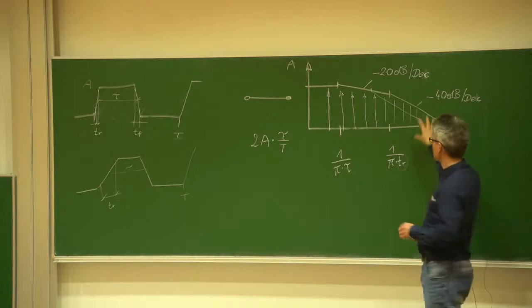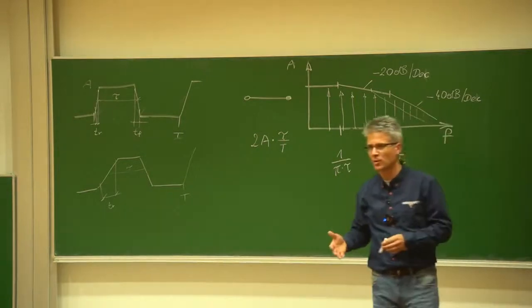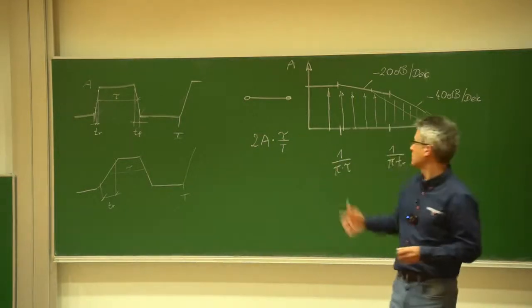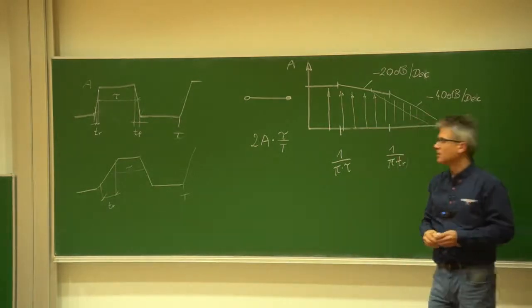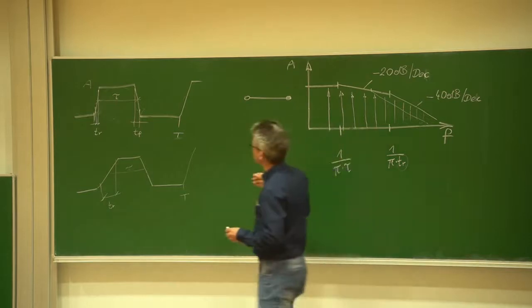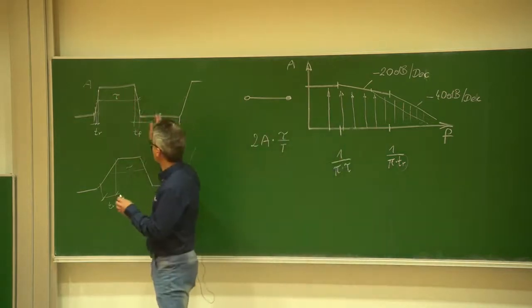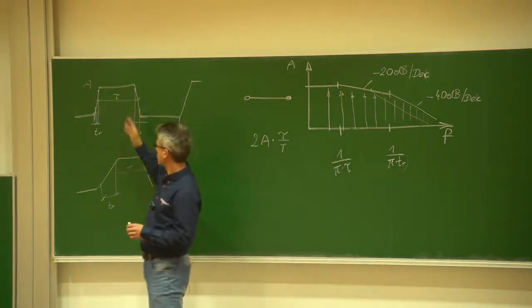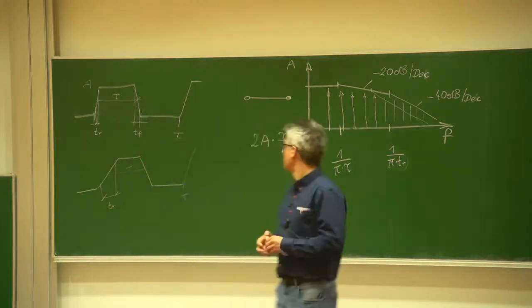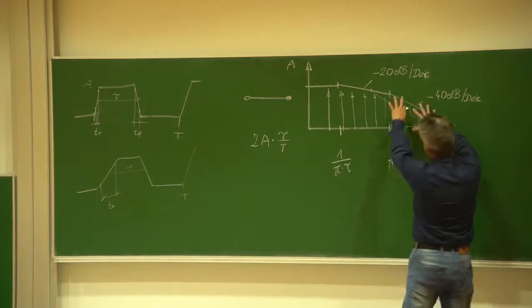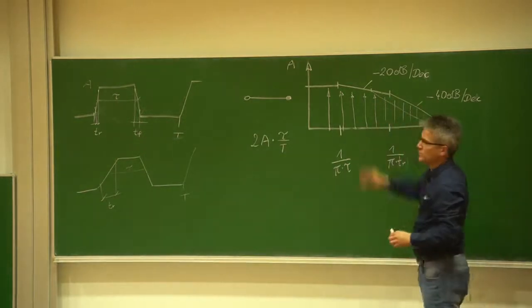So this is very important, because if you have some electromagnetic emission problems at, whatever it is, the 15th harmonic, then it doesn't always make sense to play with the amplitude or the duty cycle. Play with the rise time, and then you can significantly reduce the electromagnetic emission here by changing it.